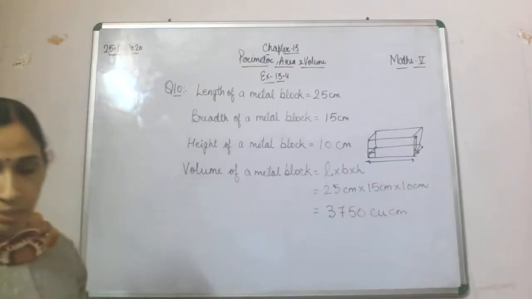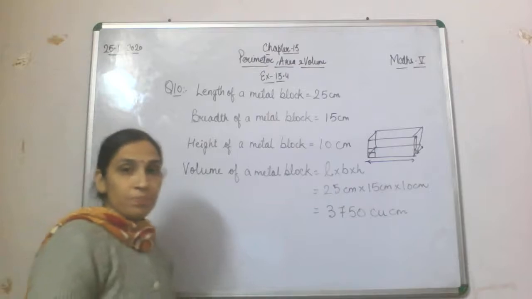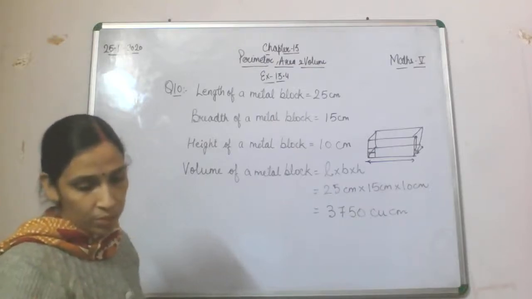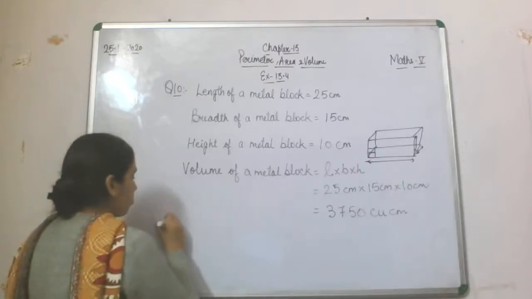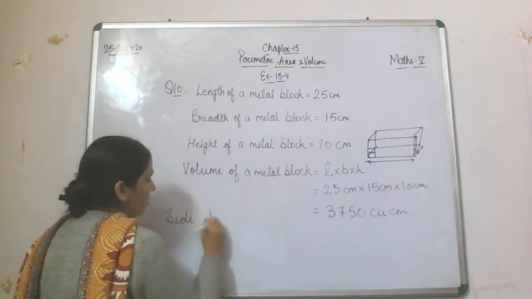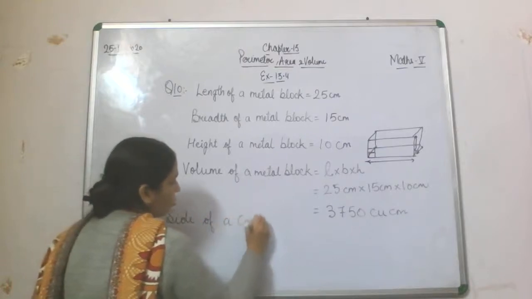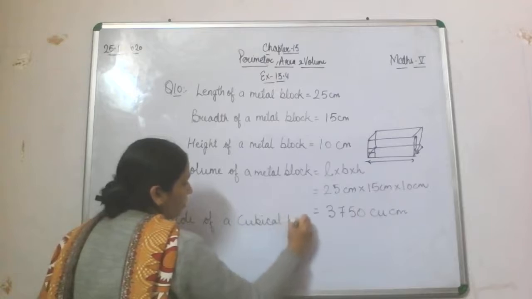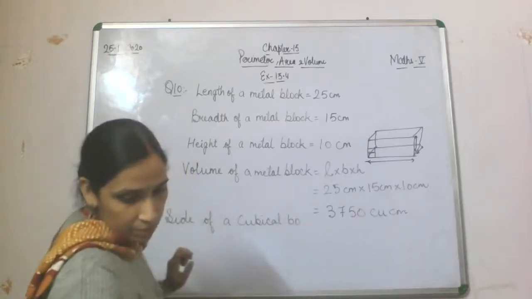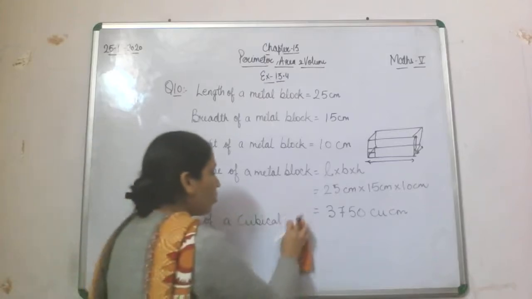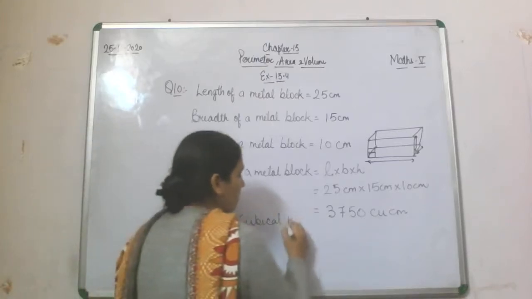Next, I am going to ask what will be the volume of that small cubical block. The side of the cubical block is given, that is 5 centimeter.